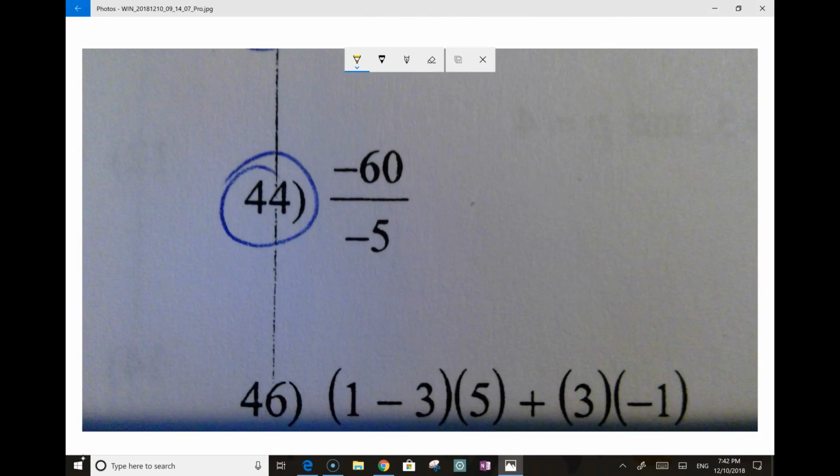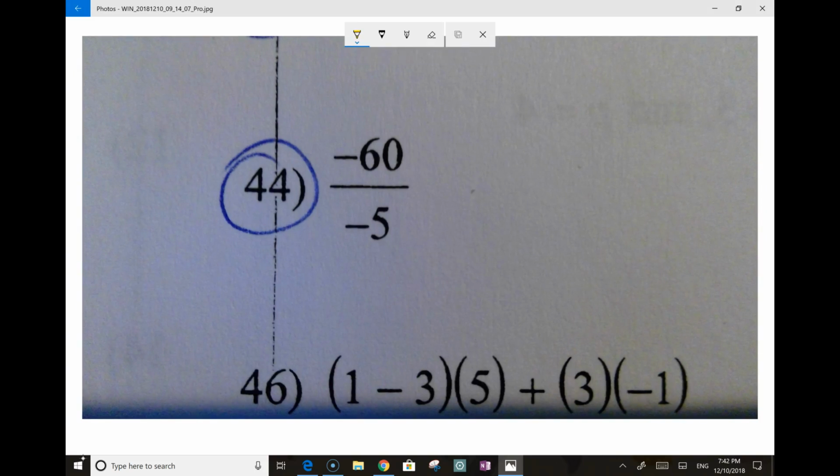This question is relatively simple compared to the last 2 that we looked at. This is just simple division of 2 digits. One thing to note here is that you still want to use this face. This face is good for multiplication and for division, but it does not work with addition and subtraction.